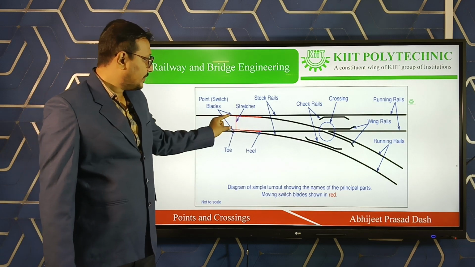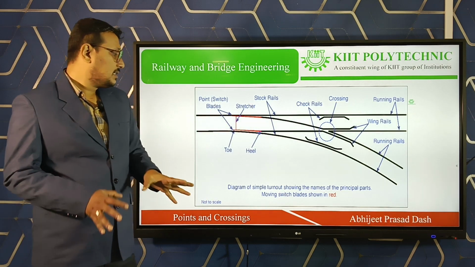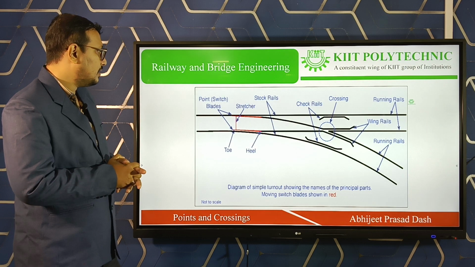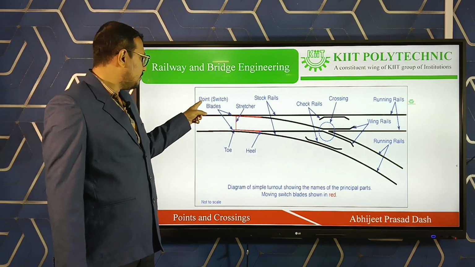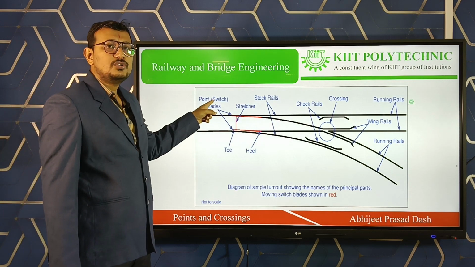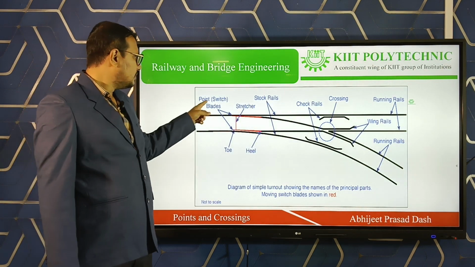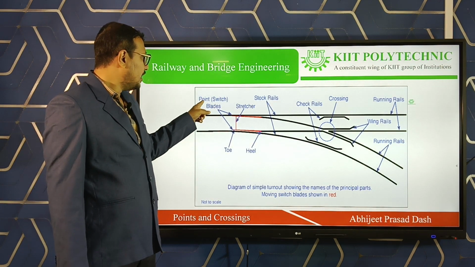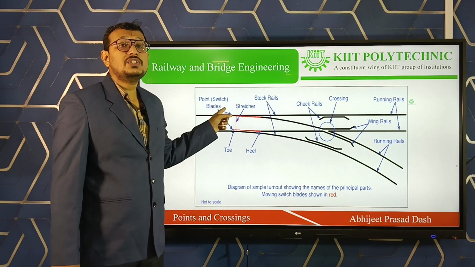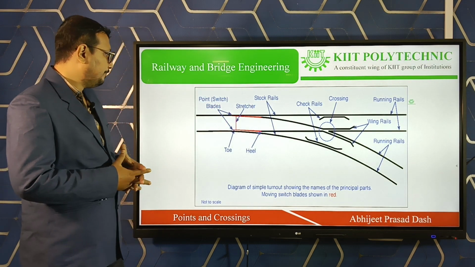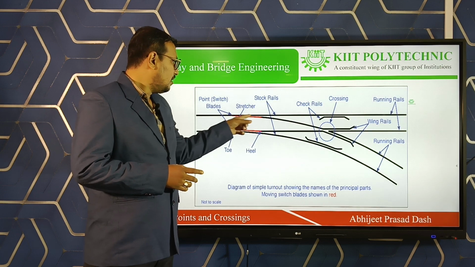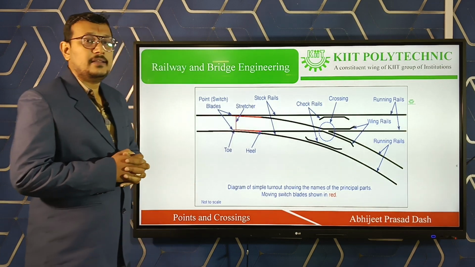These red parts are called switch blades, which we also call points or switch blades. The topic name is points and crossing. So this is the main point, or its other name is switch, shown in red.